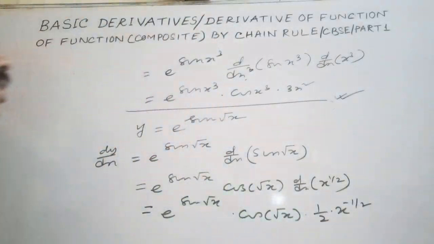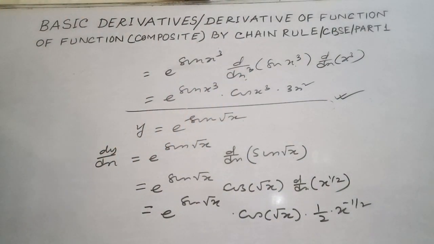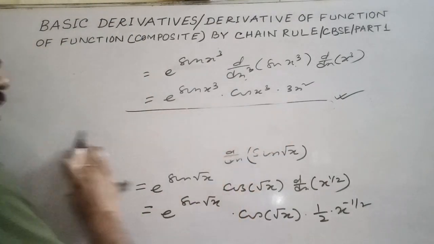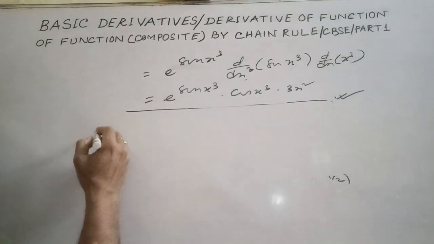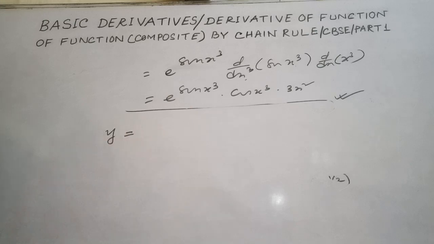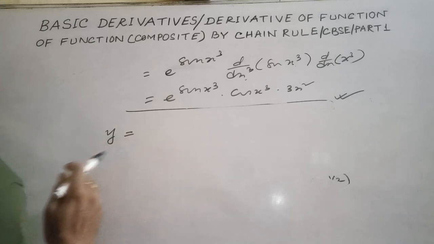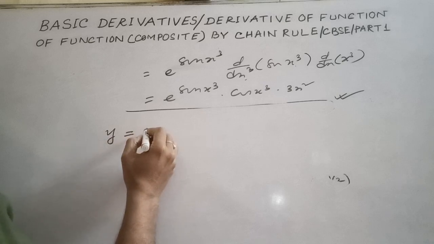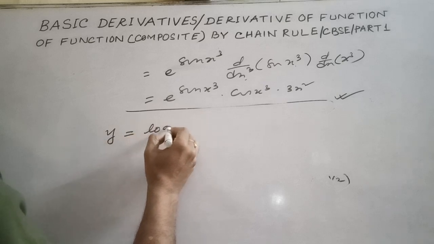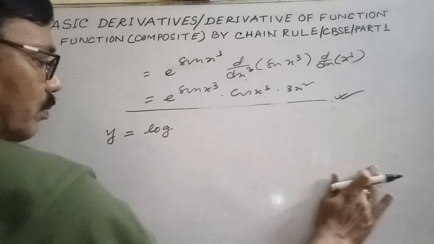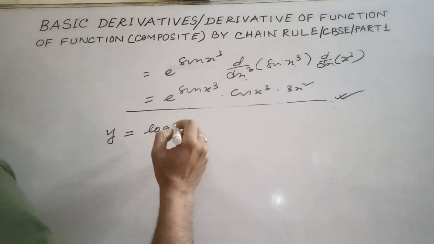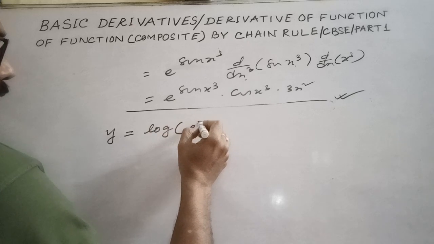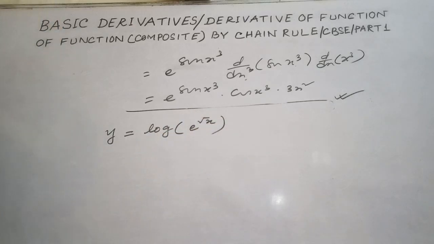So how to find the derivative using the chain rule? Next, write y equals log of e to the power root x.